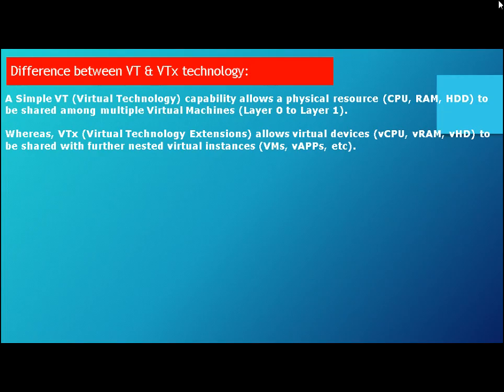So I first share my physical CPU with many virtual CPU instances, and each virtual CPU instance I can further share with nested virtual machines or virtual apps. As I said, this may sound a bit confusing, but don't worry, once we start the practical work, everything will become clear.